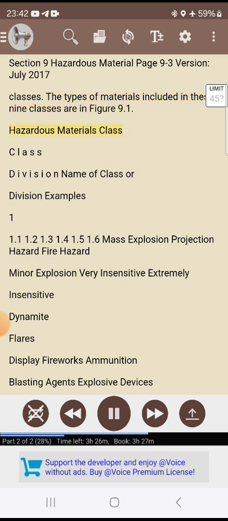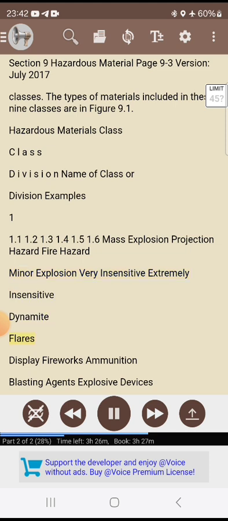Hazardous materials class. Class 1, divisions 1.1, 1.2, 1.3, 1.4, 1.5, 1.6: mass explosion, projection hazard, fire hazard, minor explosion, very insensitive, extremely insensitive.